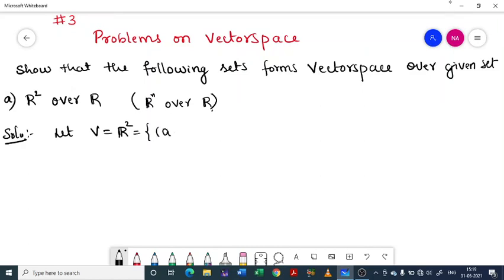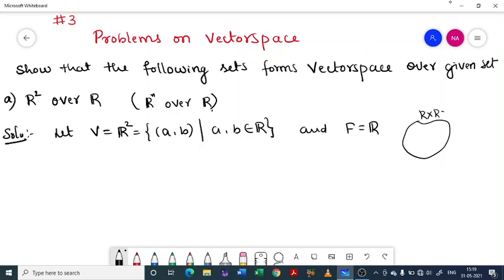It is of the form (a, b) such that a and b are elements from R, and the field here is R. So you have two sets: one is R cross R, that is V, and the other is F, that is R. You have to prove that this V forms a vector space over R. So I have to verify the conditions one by one.